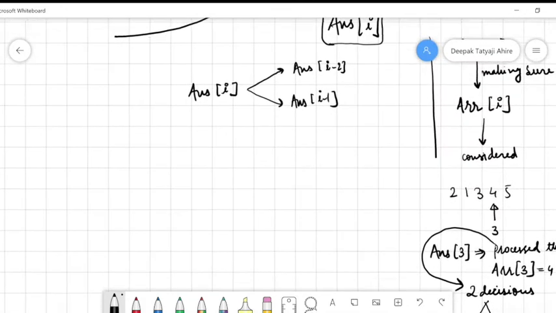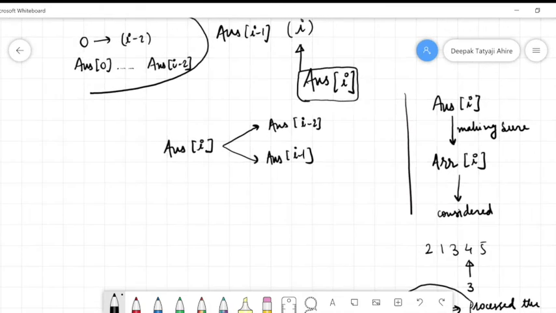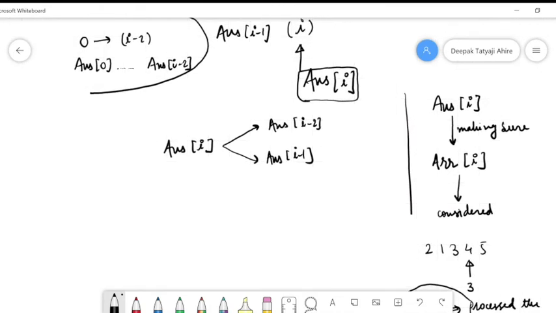So likewise, when I am calculating the answer at the ith index, I have two informations with me, which is ANS of I minus 2 and ANS of I minus 1.